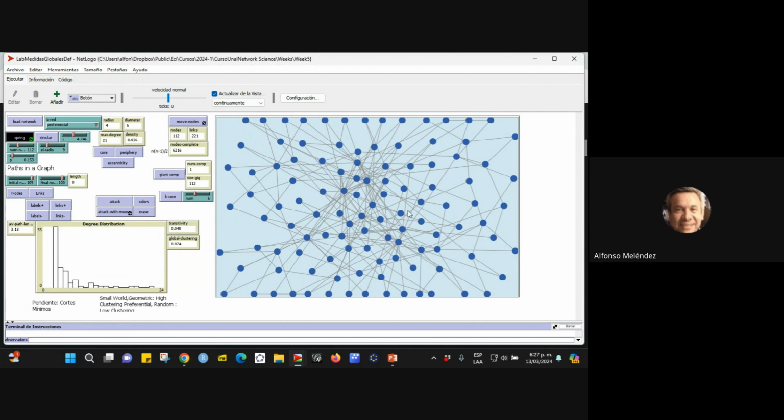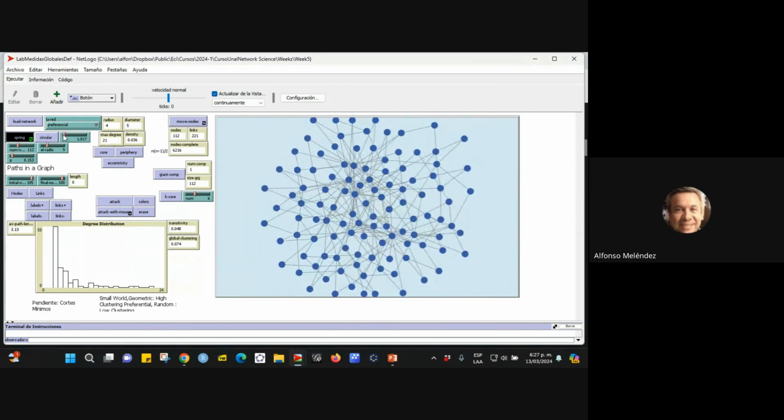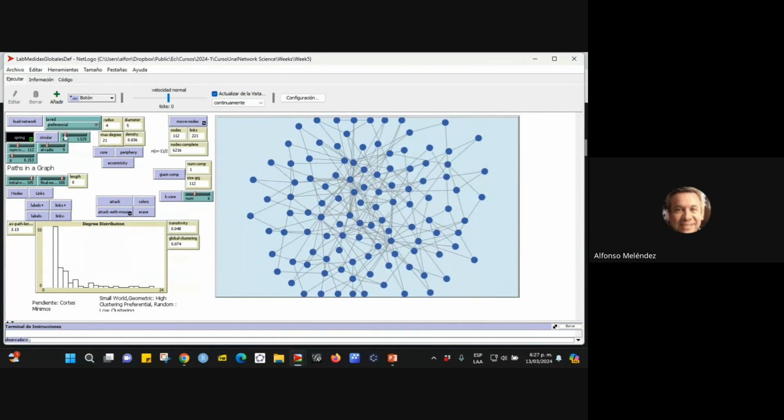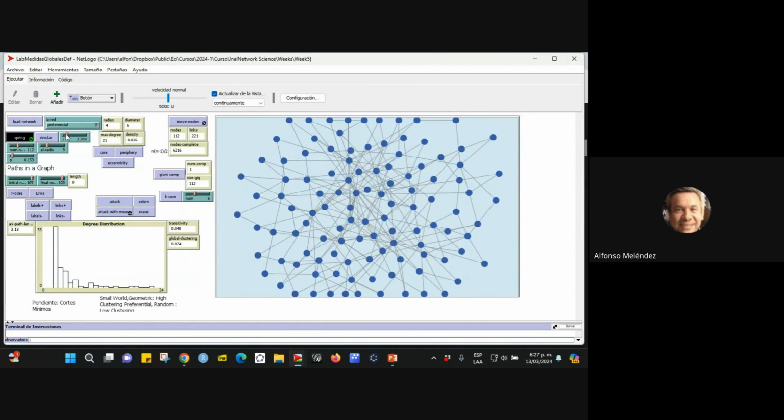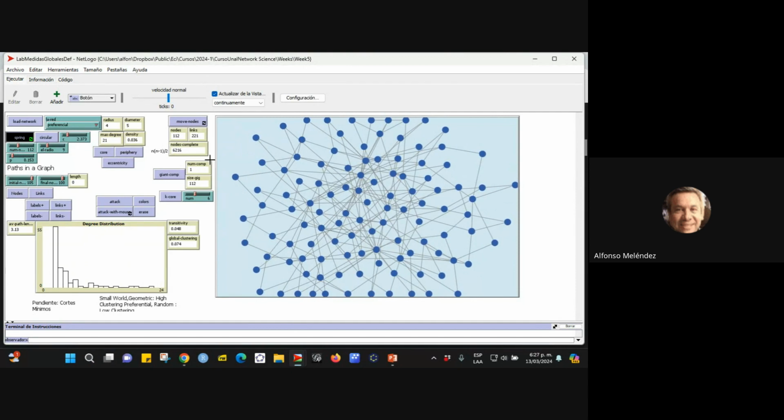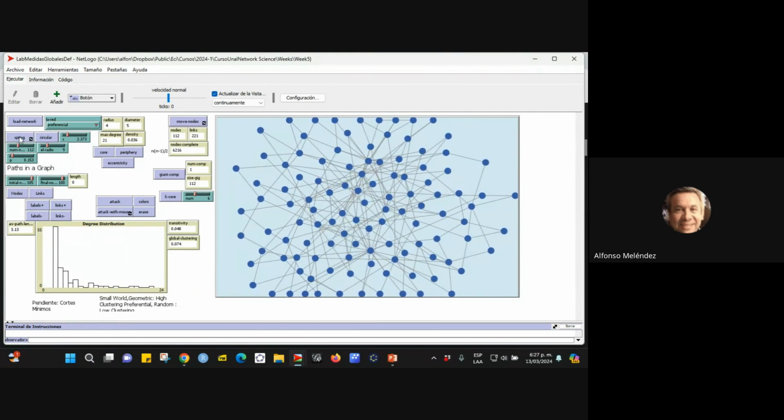Look, this is another type of network. The clustering is less, 0.074. The clustering of the random network I showed you before was about 0.2. This network has fewer triangles, is less clustered. It has triangles, but not too many. It is not clear that it has communities. I don't know how many communities, but it's not clear. So clustering has to do with communities and with triangles.